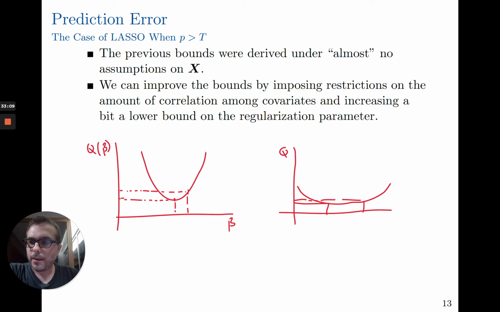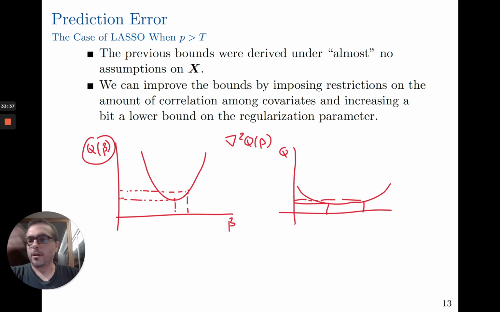This is related to the convexity of Q. Basically, we are talking about strong convexity of Q, and this is related to the Hessian of this function Q. So we don't want a flat surface, we want a curved surface.